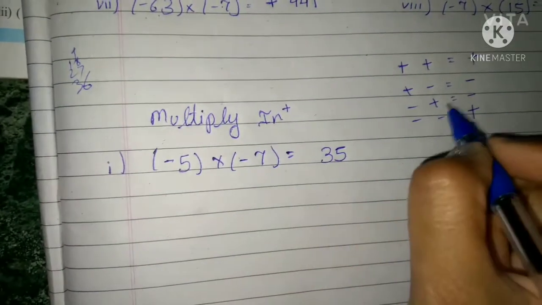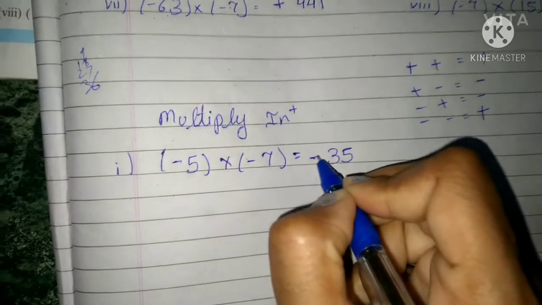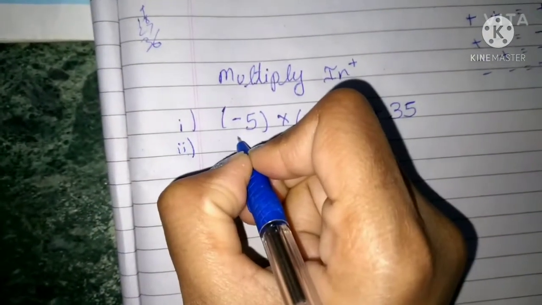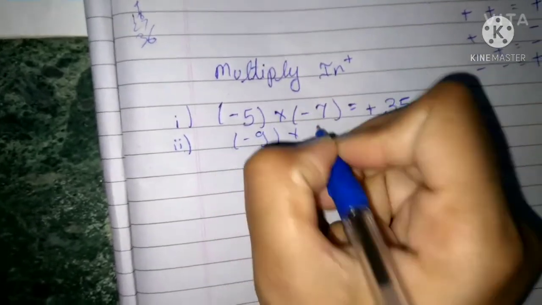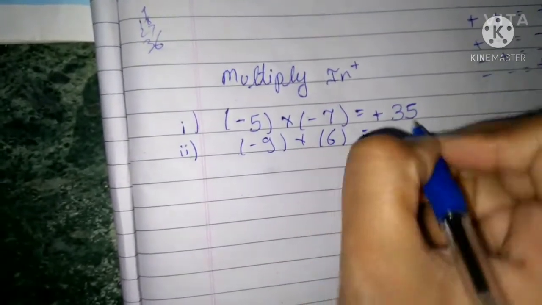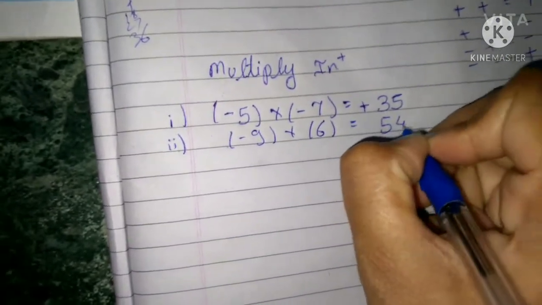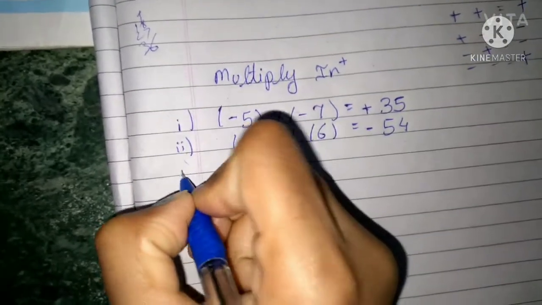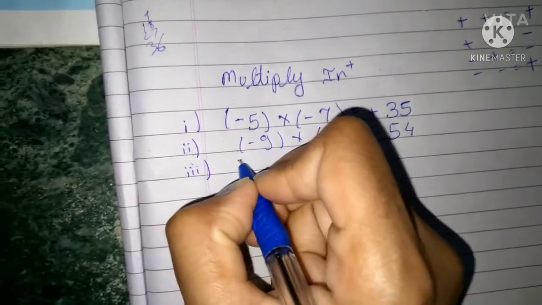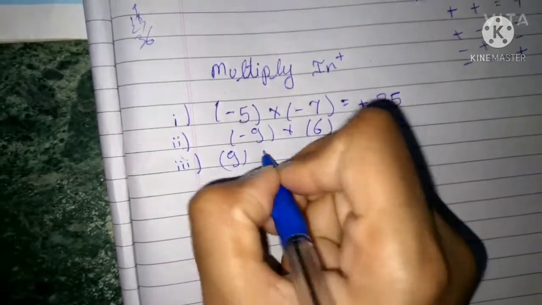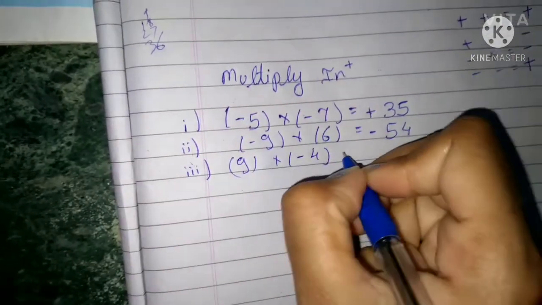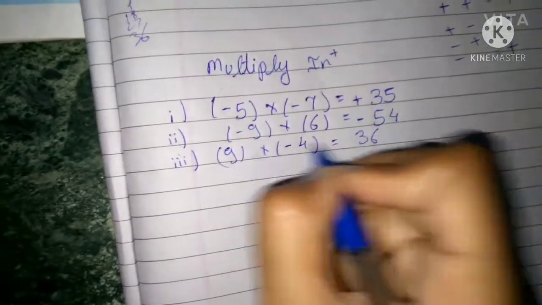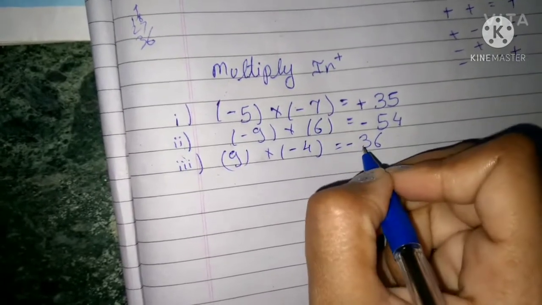As this is negative negative we will get positive, so here also the sign will be positive. Second one, -9 into 6. So 9 6s we will get 54, positive negative is negative. And positive 9 into negative 4: 9 4s we will get 36, and positive negative will get negative.